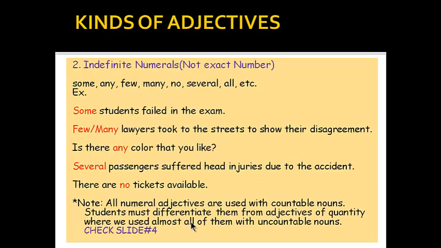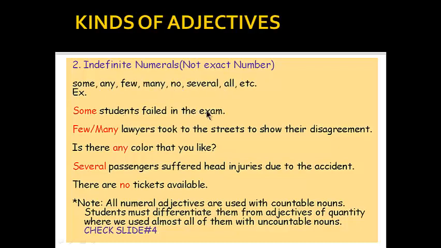The second type of numeral adjective is indefinite numeral. Indefinite numerals are not exact numbers. You can locate them: some, any, few, no, several, all. All these adjectives will be used with countable nouns.